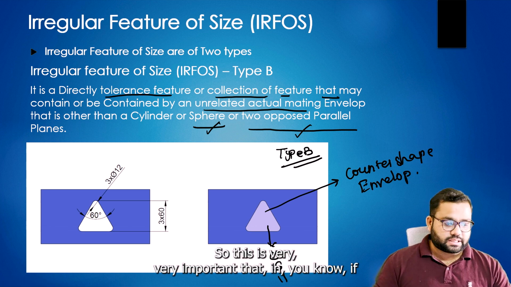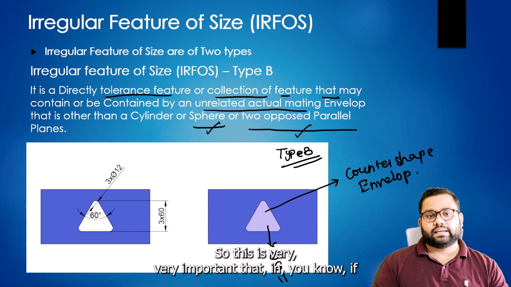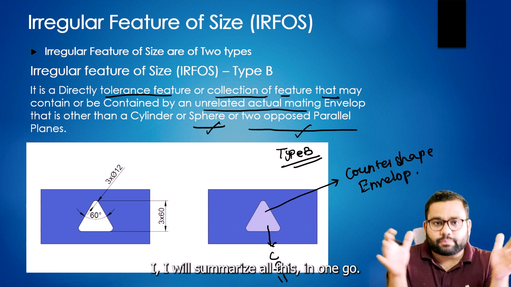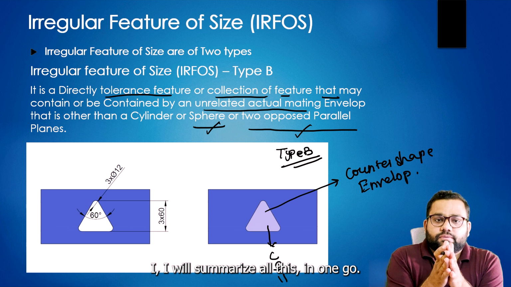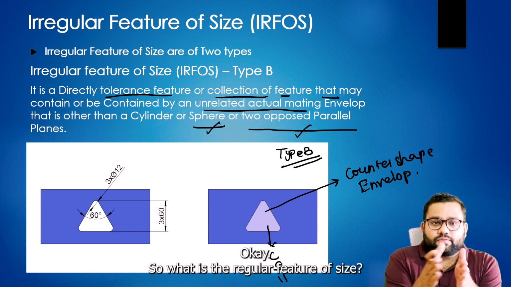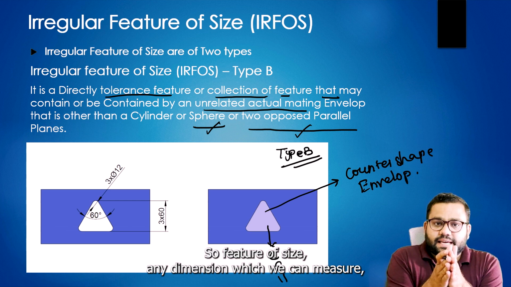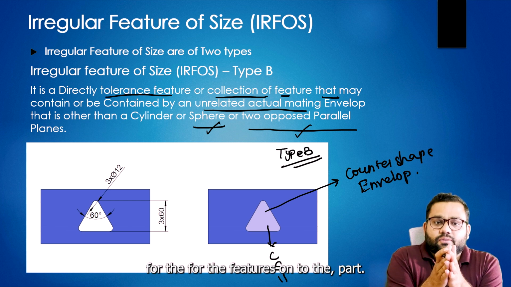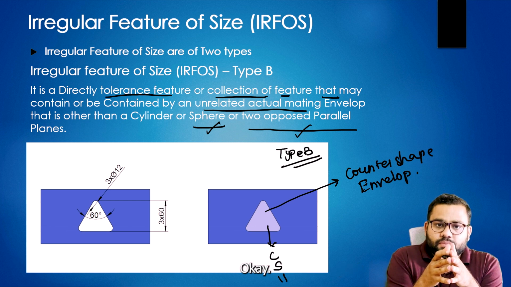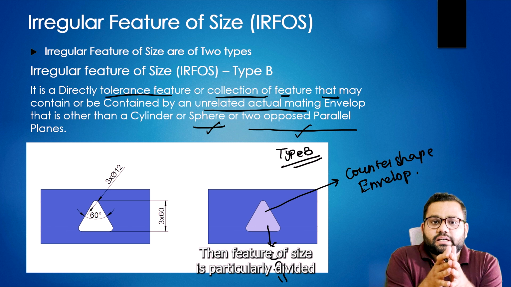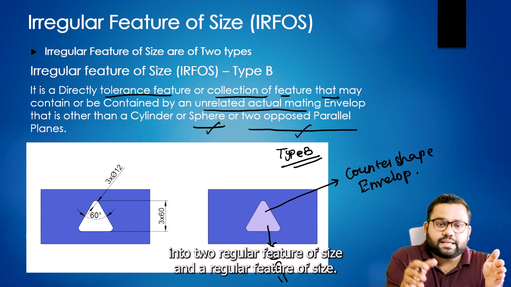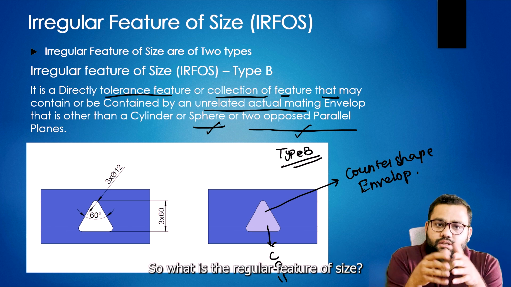So this is very, very important, so let me summarize all this in one go. What is a feature of size? Any dimension which we can measure for the features on the part. Feature of size is divided into two: regular feature of size and irregular feature of size.